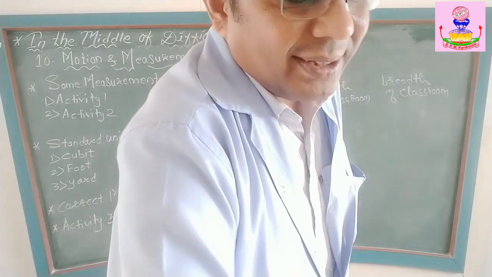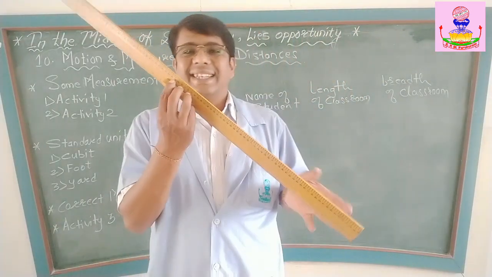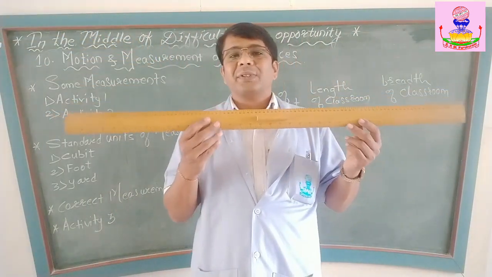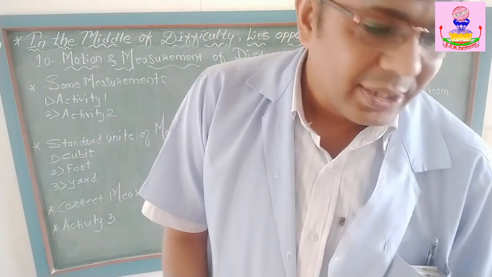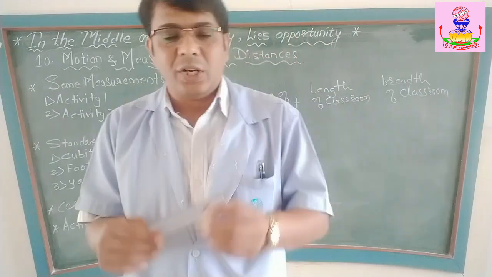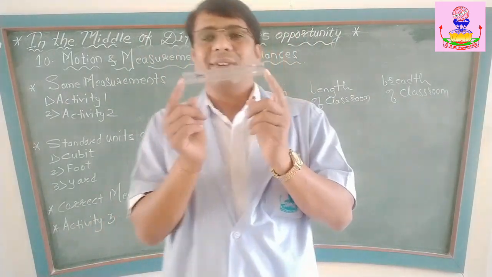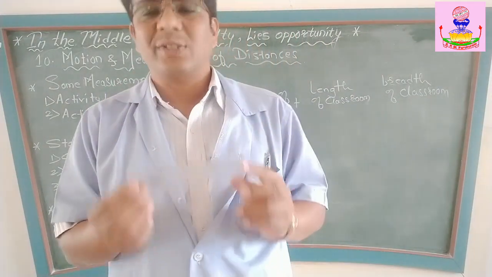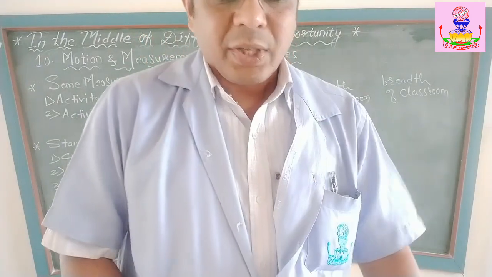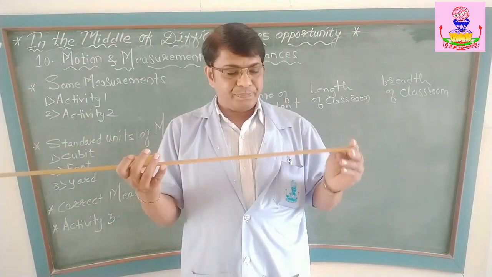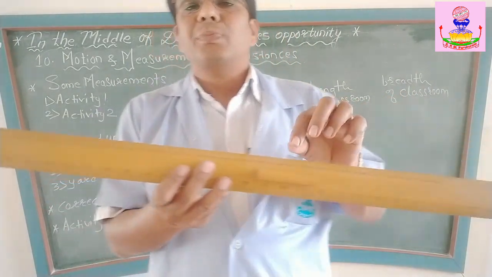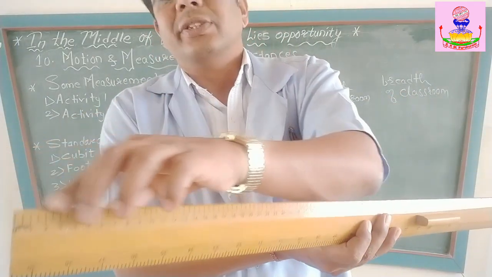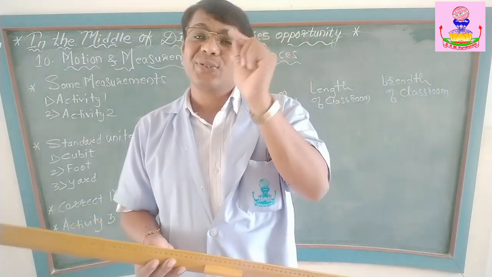Okay, meter. And this is the meter scale, you know that. This is the meter scale which is utilized, and this is the small 15 centimeter scale in your geometry box. In your textbook also it has been shown. Now each meter, you can see here, is divided into 100 small divisions.